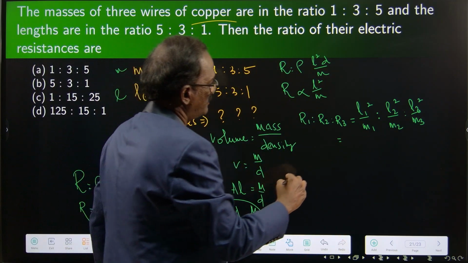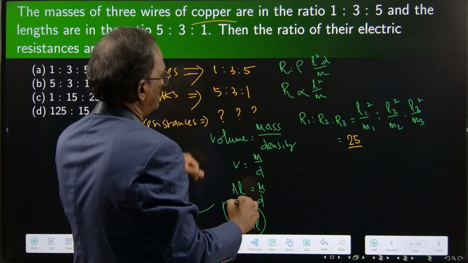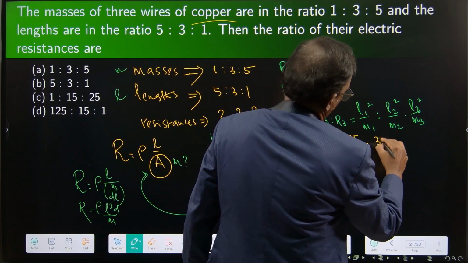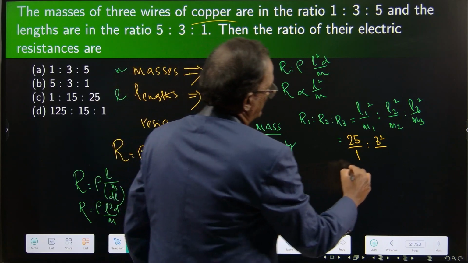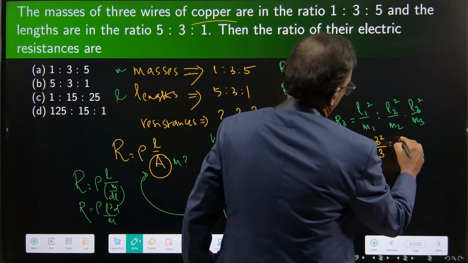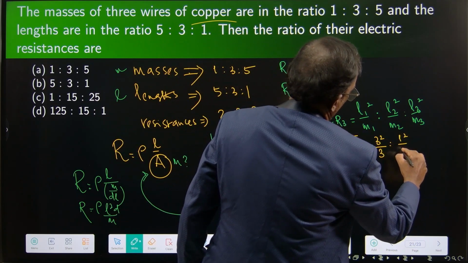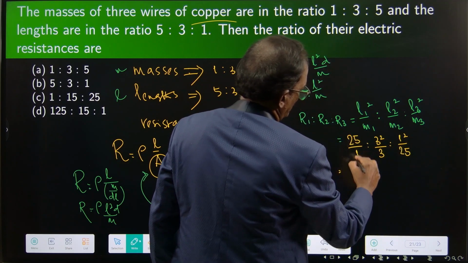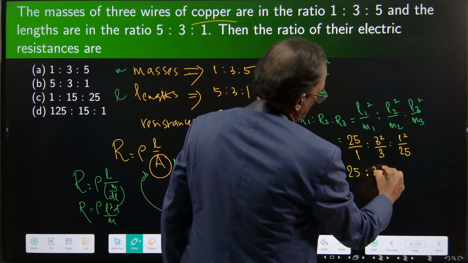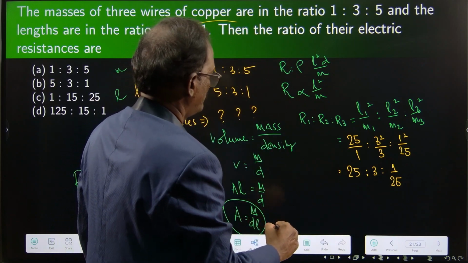L1 is 5, square, that is 25 by m1 which is 1. Then 3 square by m2 which is 3. Then 1 square, m3 is 5. So this will be 25 is to 3, 3 square by 3 is 3, then 1 by 25.